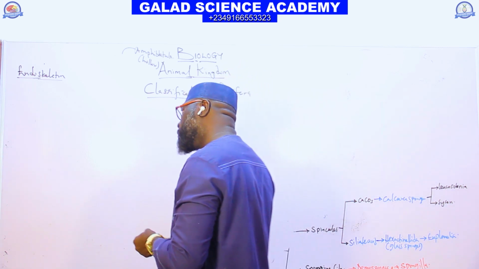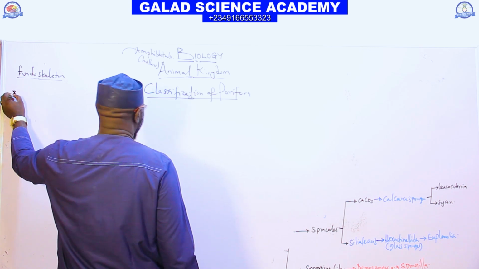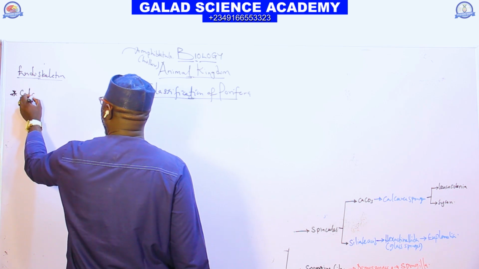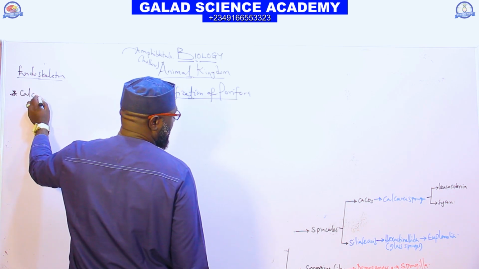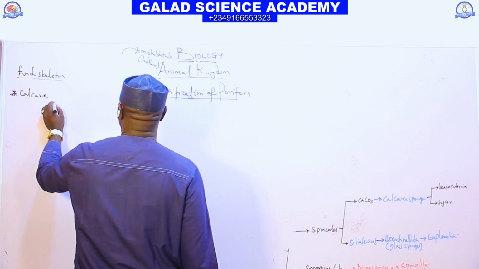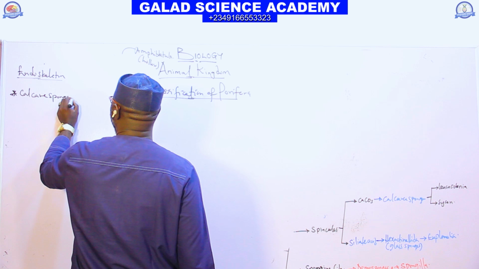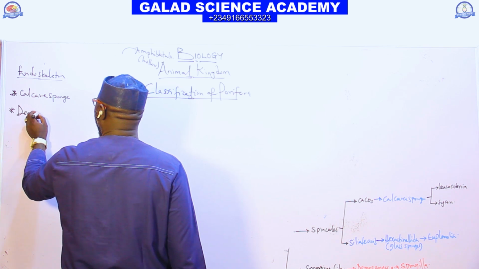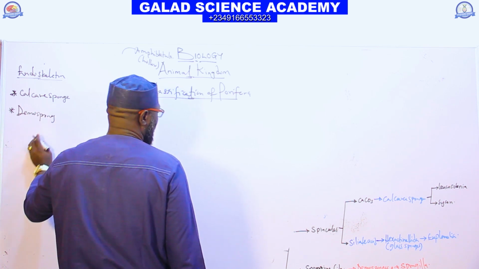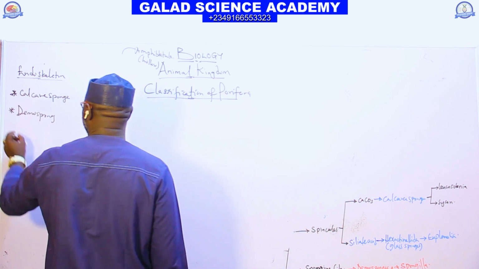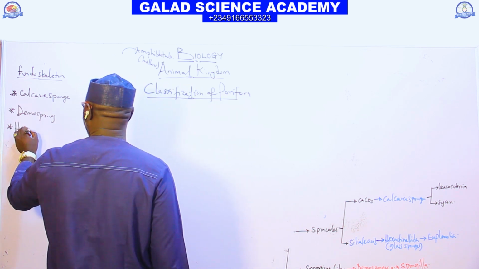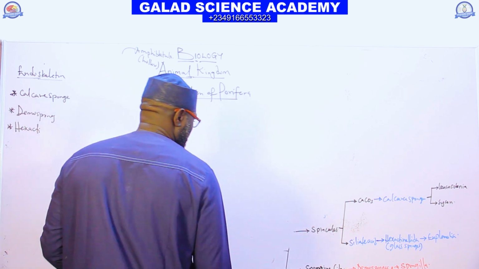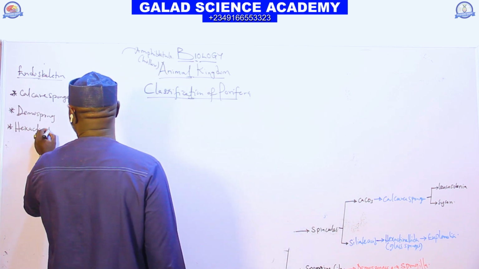three. The first one we have calcareous sponges, and the second one we have demosponges, and the third one we have hexactinellid sponges.